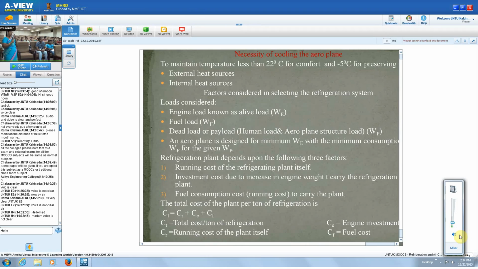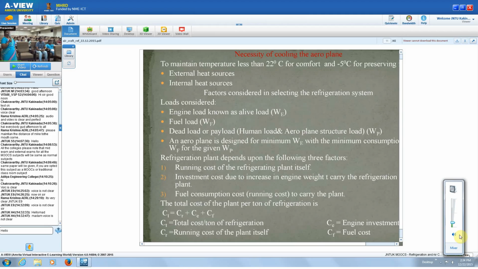So WE should be less, and WF, the fuel load, should also be less for the given WP. WP is the dead load, which is always constant, the number of occupants and the structure. We can reduce only WE and WF.